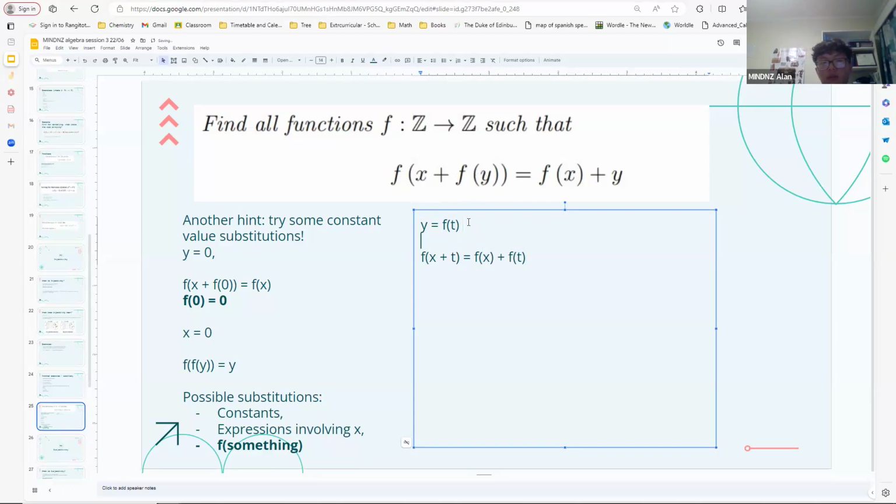What would happen if we also plug in y equals f of x? We get f of 2x equals 2f of x, which is not as helpful as the one below. So what does this tell us? By the way, this is a famous functional equation called Cauchy's functional equation.